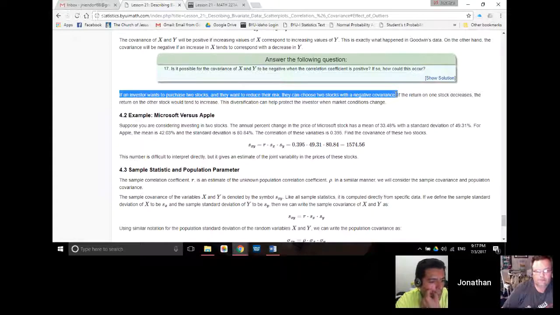I mean, the only thing I can think of is that two negatives multiplied equal a positive, but why would you want that? I don't know. It kind of explains this, but I can't make the connection. If the return of one stock decreases, the return of the other stock would tend to increase. Is it the same kind of thing? A negative covariance means this?